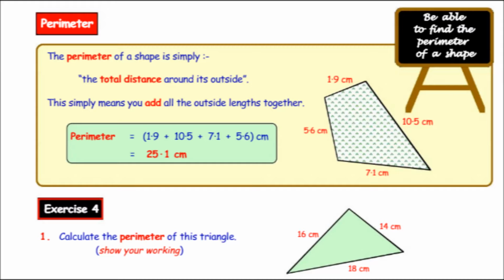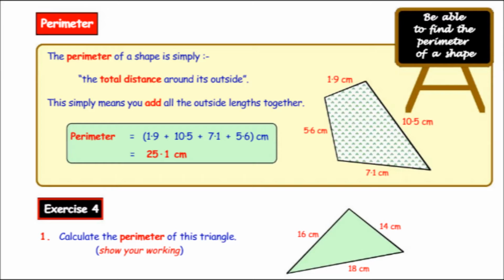And for a sum, you have got 1.9, add 10.5, add 7.1, add 5.6, and that's in brackets, and then you've got centimetres at the end, and that shows us that all of these are in centimetres.